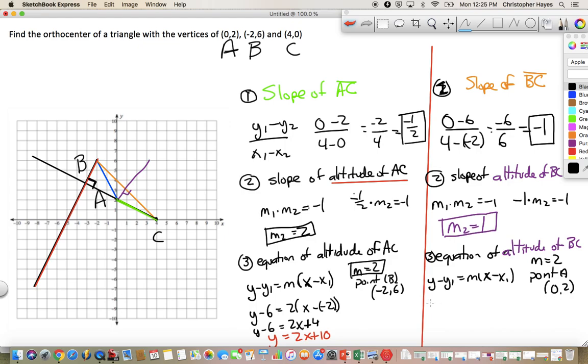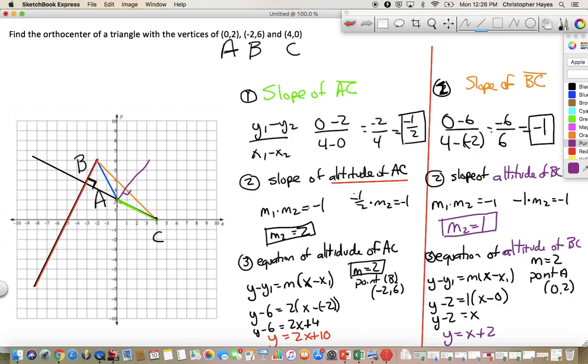So I've got y minus 2 equals 1 times x minus 0. So that's y minus 2 equals x. Add 2 to both sides. Y equals, let's do it in the color we said here. So we have this other equation, which is y equals x plus 2.